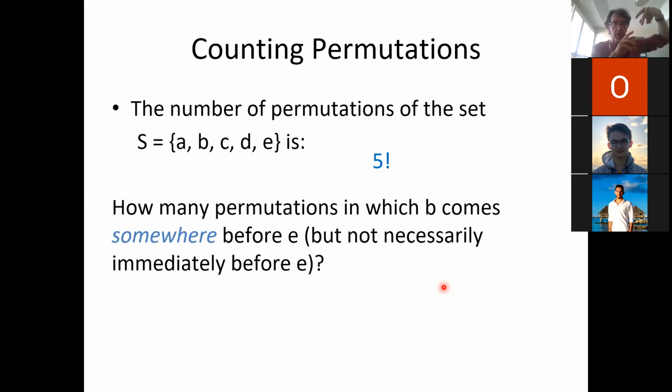It's exactly 2. Take a permutation where B comes before E. And what are its pre-images? Well, that same permutation, first of all, will be mapped, plus its sister permutation, which is the same one but with B and E switched. That is the 2-to-1 function.